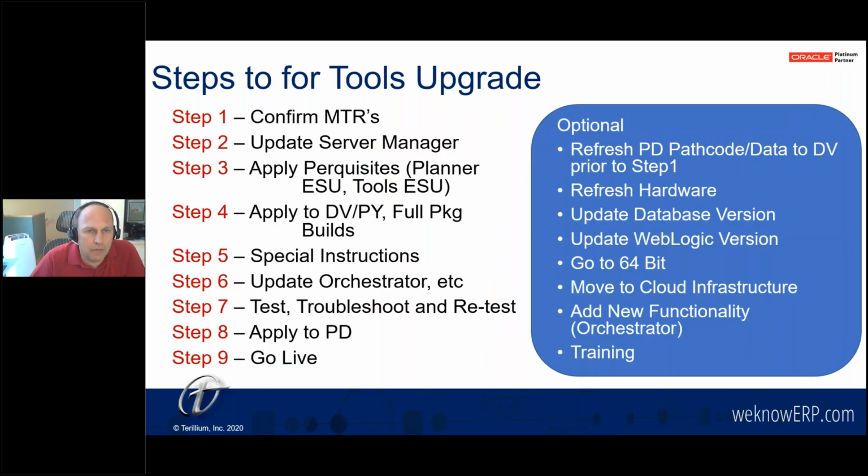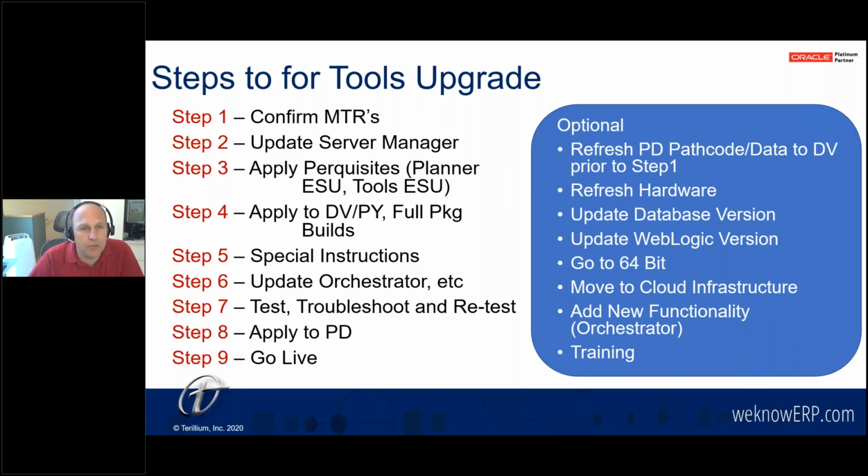All right, steps. The steps to upgrade are very similar to putting on ESUs and baselines. The first thing you always want to do is make sure you confirm your MTRs. We'll get to those in a little bit, but the minimum technical requirements are important so that you know exactly that you're installing the tools release on supported hardware, software, and middleware.